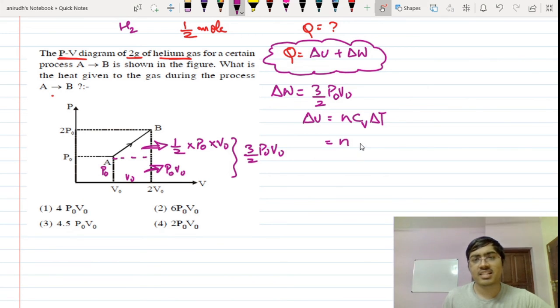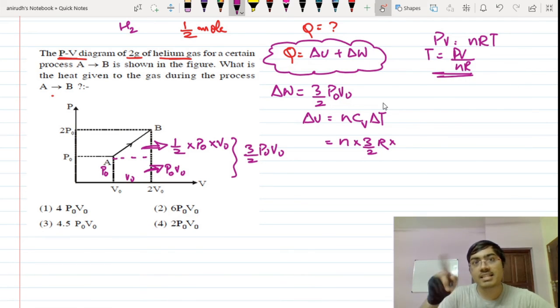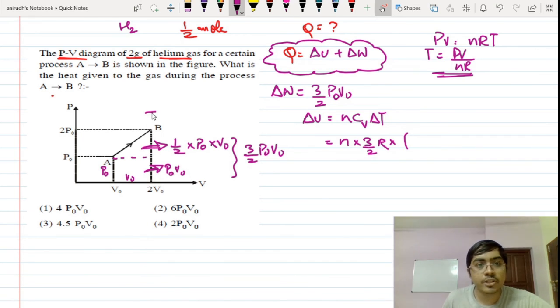I will just keep it as n as of now, multiplied by 3 by 2 R, which is the Cv value, multiplied by delta T. You know PV equal to nRT. So T is equal to PV divided by nR. Isn't it? So delta T is the change in temperature, or I can say T2 minus T1. T2 means this is T2, here the temperature was T1.